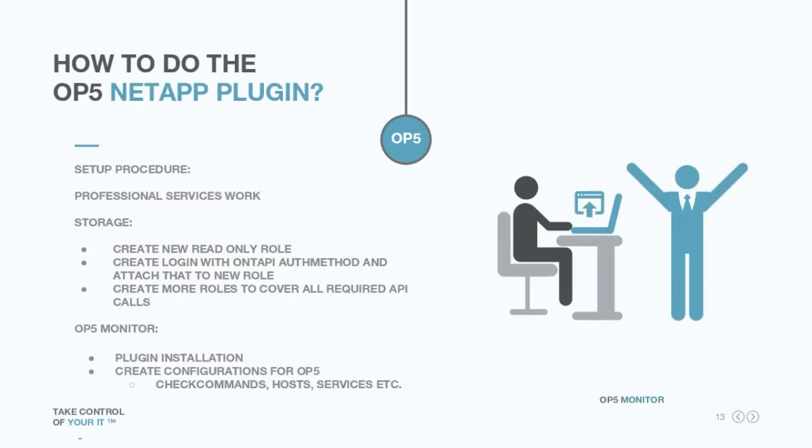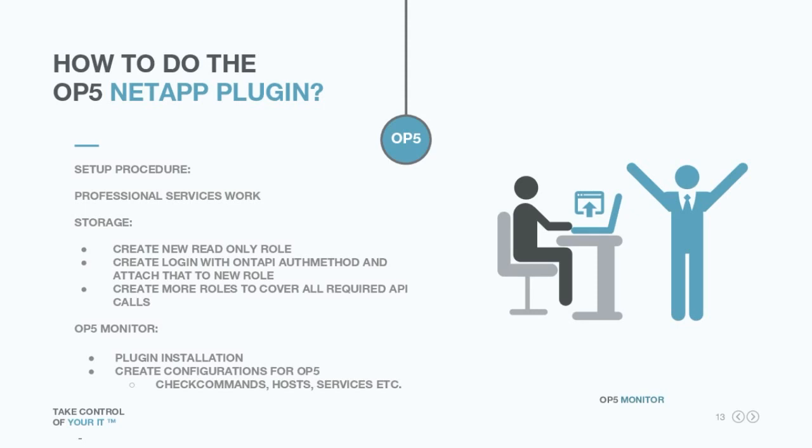Okay, how to do the integration or the installation? Please contact us. First of all, sales will do the quote for you, and if you make the purchase, the professional services will do the installation. But it's pretty simple from the storage point of view: you have to create a user.